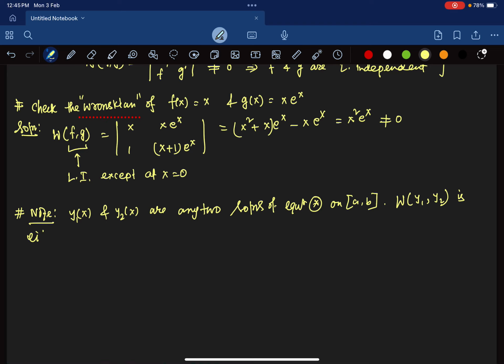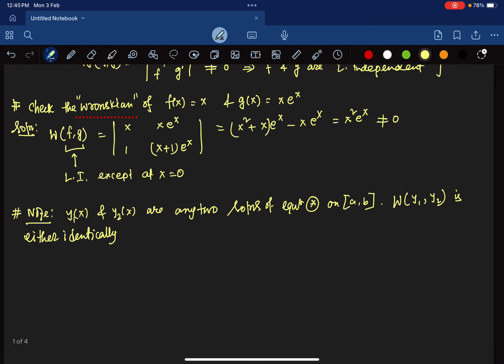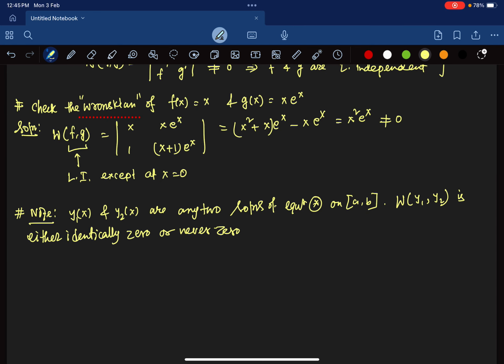Now the result related to the Wronskian is that the Wronskian of y1 and y2 is either identically zero or never zero throughout this entire domain, that is on AB.